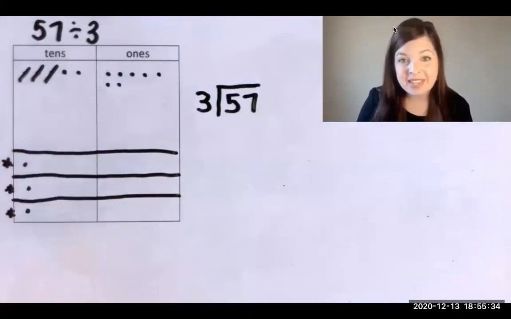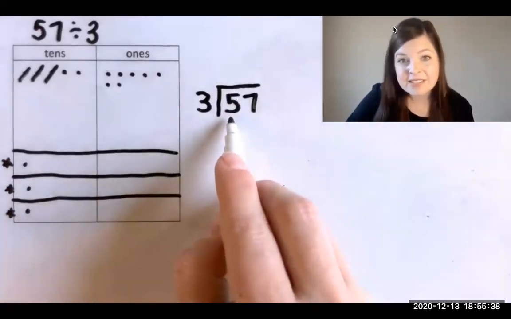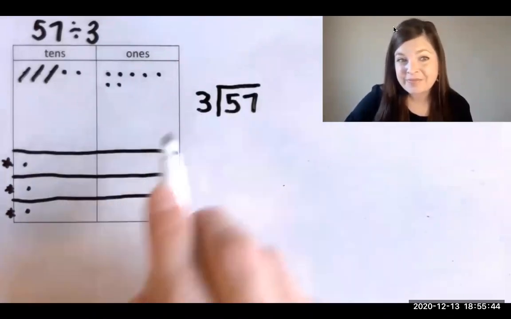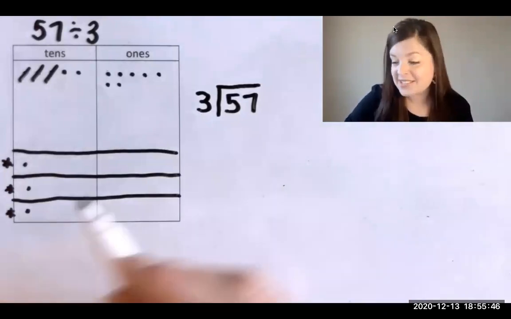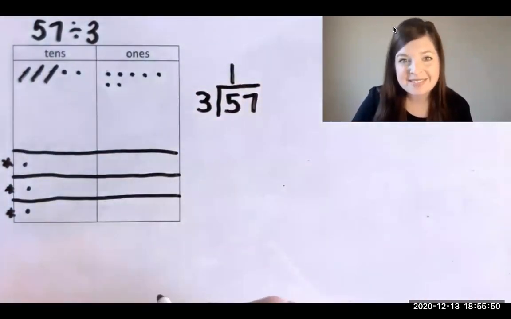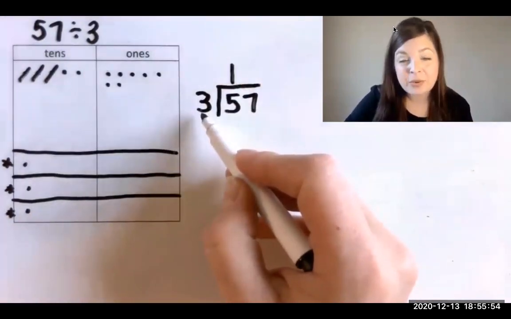Let's show that same thinking in our long division. We have 5 tens divided by 3 groups. Gives us how many tens in each group? 1 ten is in each group, so we can record 1 ten in the quotient. Now we shared 1 ten with each of the 3 groups.